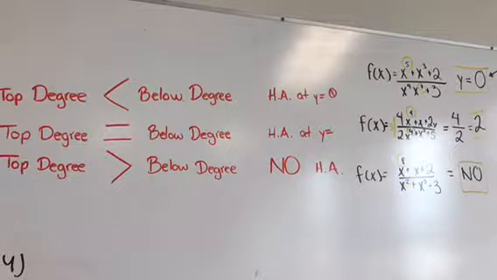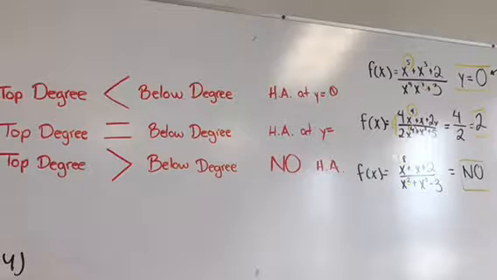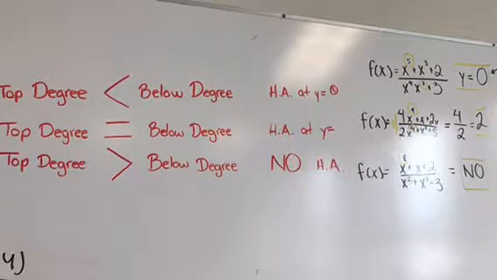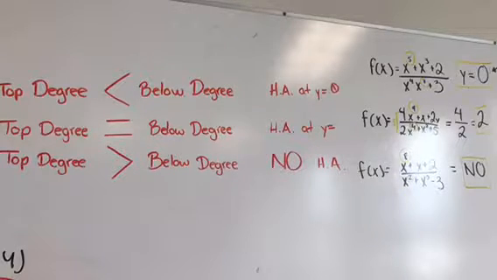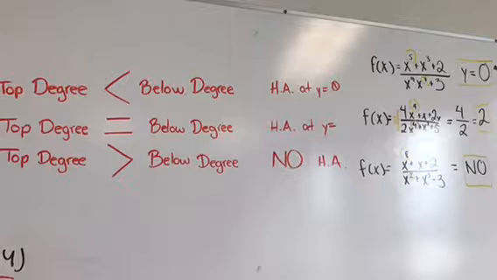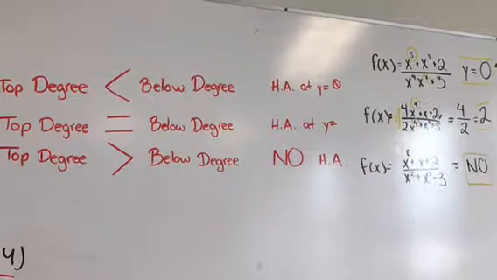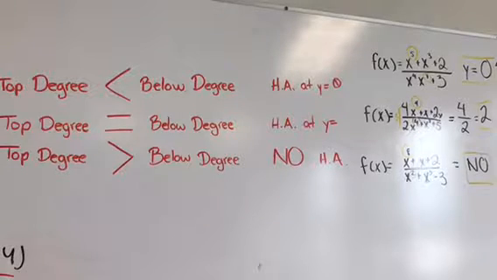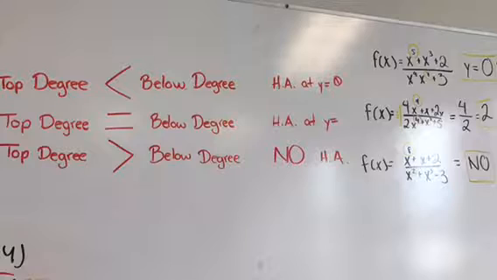Hi friends, I'm going to explain how to find the horizontal asymptote. Well, you have to check the degrees first of all, and as you can see in the first case, the top degree is smaller than the bottom degree, so the horizontal asymptote will be at 0. In the case that they are the same, we are going to make a division between those numbers that have the same degree.